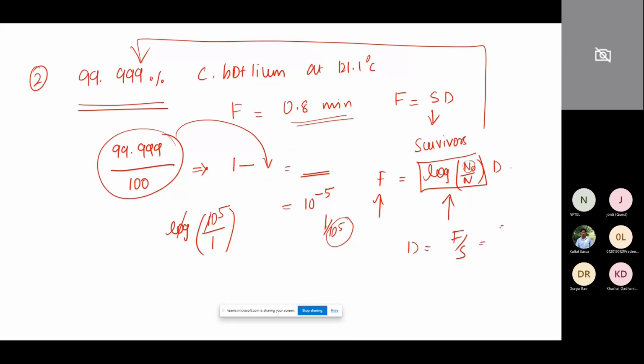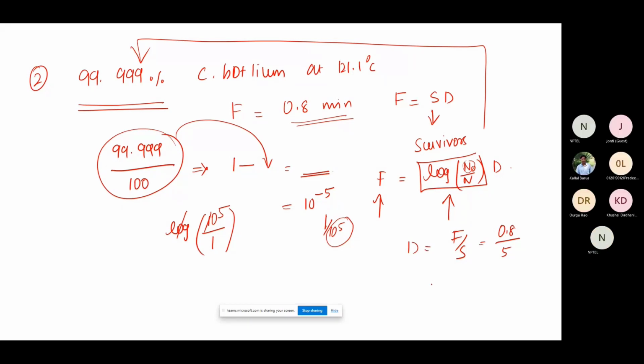So 0.8 upon 5 comes to 0.16, which is the value given in the problem.